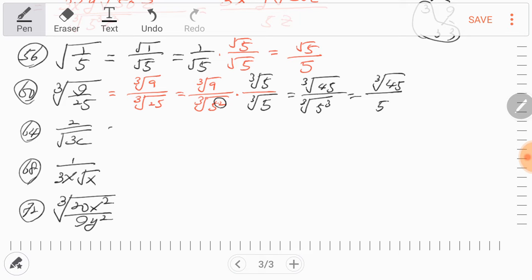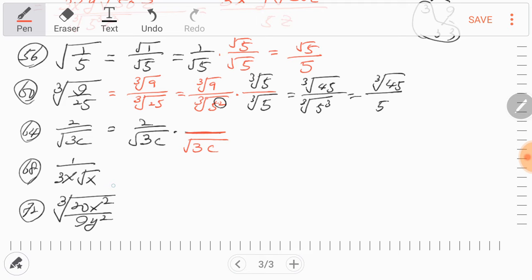Okay, next one. What do we multiply both numerator and denominator by? We have to rationalize the denominator. And this is a square root, so we have to make a square for each factor. So for 3, we need another 3, and we need another c.